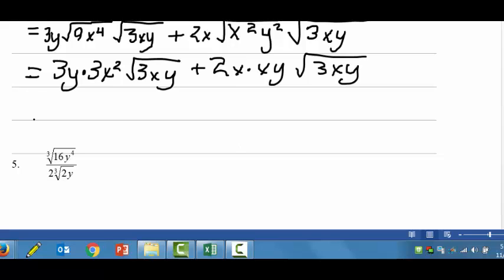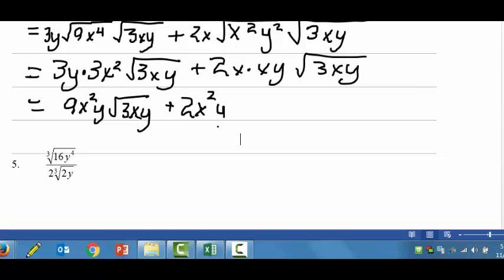And now we can multiply and get 9x squared y times the square root of 3xy plus 2x squared y times the square root of 3xy.